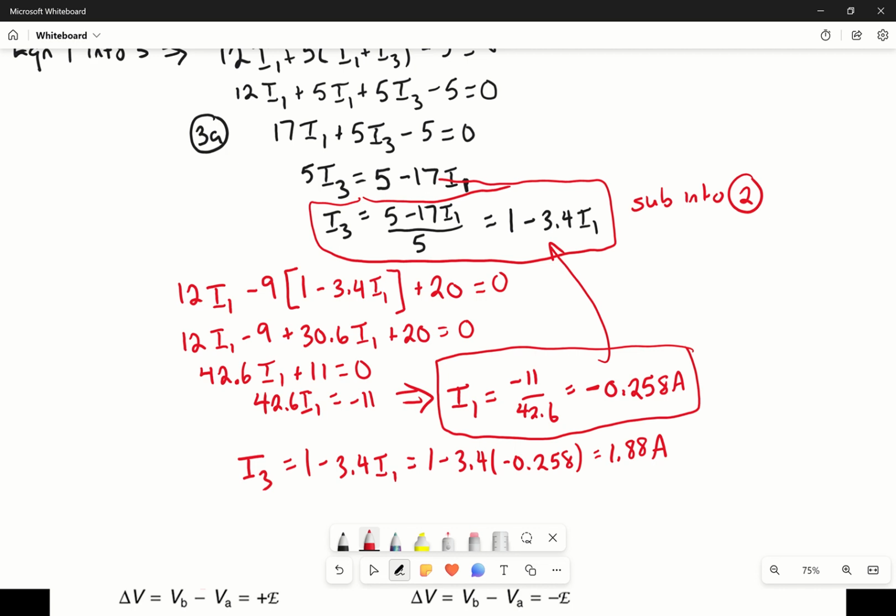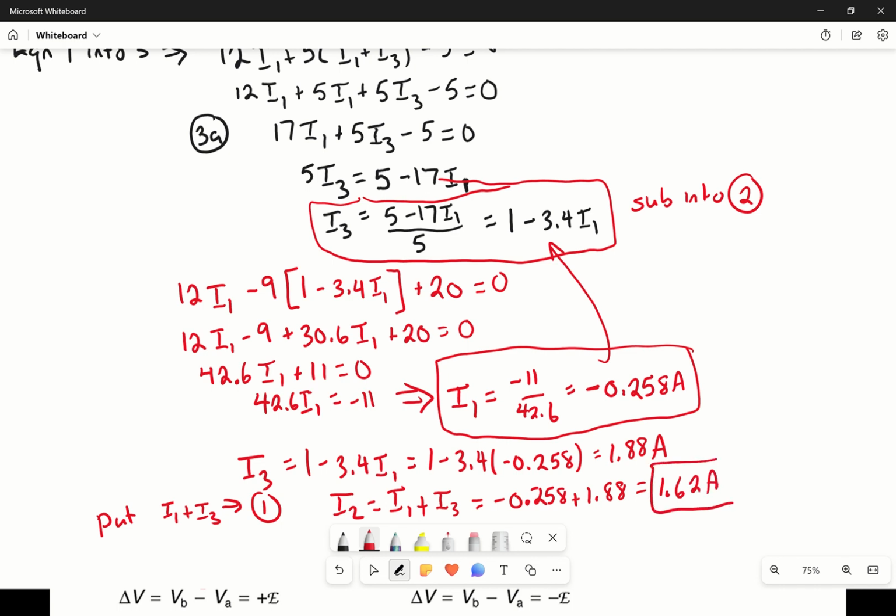Okay, so now I've got I1 and I've got I3. So now I can put those numbers into equation 1. Equation 1 told me that I2 is equal to I1 plus I3, so I'm just going to add those two currents. So negative 0.258 plus 1.88, and I get that I2 is 1.62 amps.